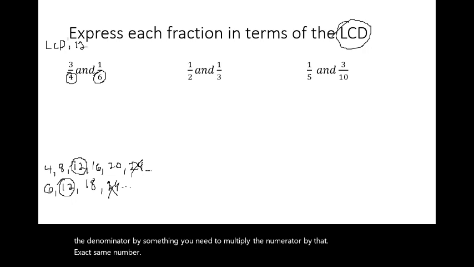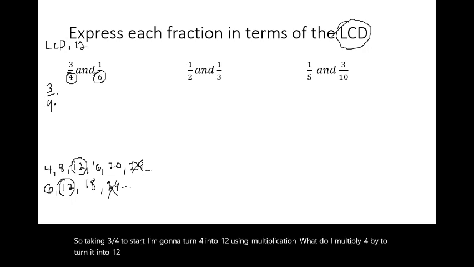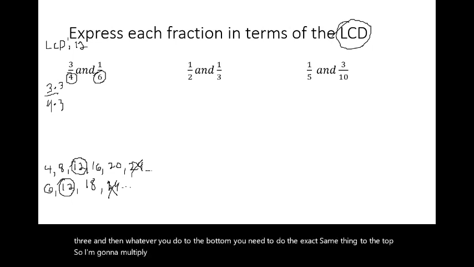So taking 3/4 to start, I'm going to turn 4 into 12 using multiplication. What do I multiply 4 by to turn it into 12? Well, you multiply 4 by 3. So I'm going to multiply this 4 by 3, and then whatever you do to the bottom, you need to do the exact same thing to the top, so I'm going to multiply this 3 also by 3.